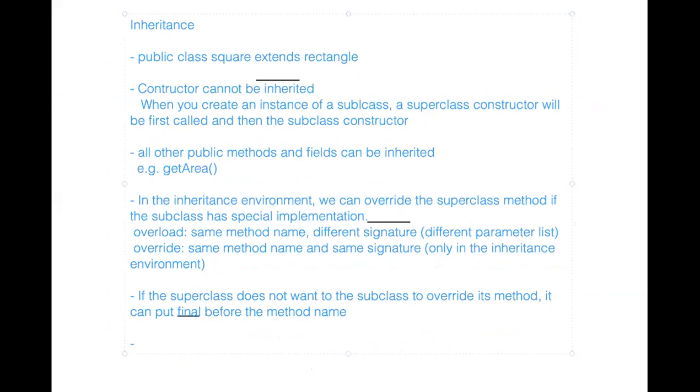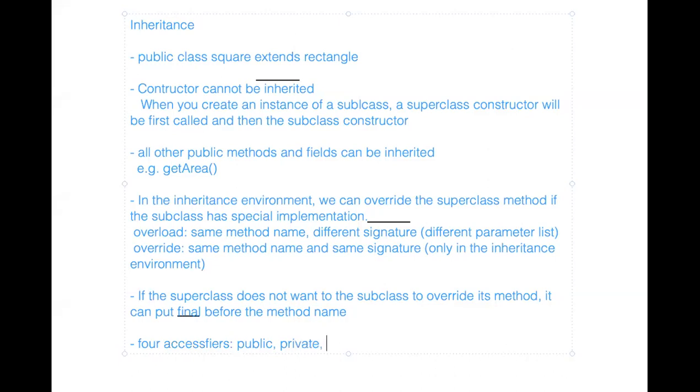Okay, so the last key point here is we have four access modifiers. One is you have already learned public, private. These two you have already learned.